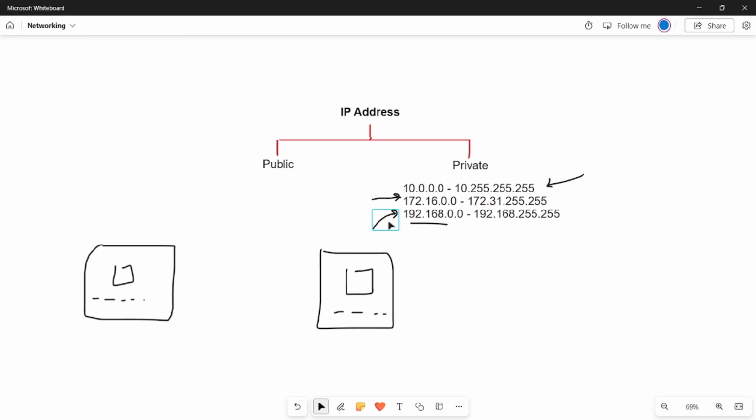If we can divide our network into small parts, it will help to manage our complex routing. It will reduce our complex routing because there are limited PCs or nodes in one network. So it is a very helpful advantage of subnetting.